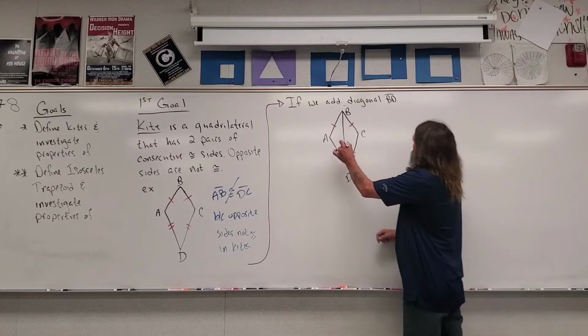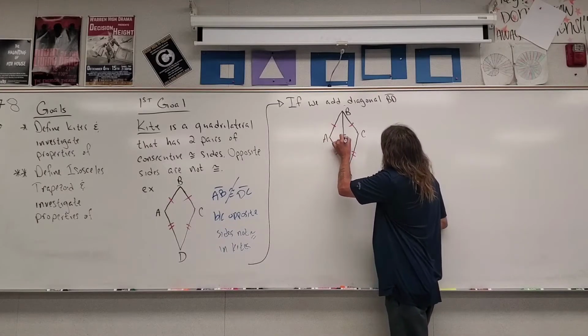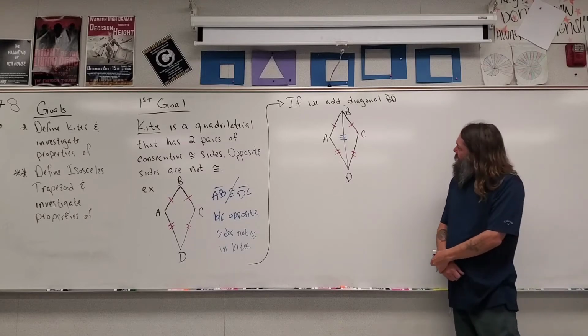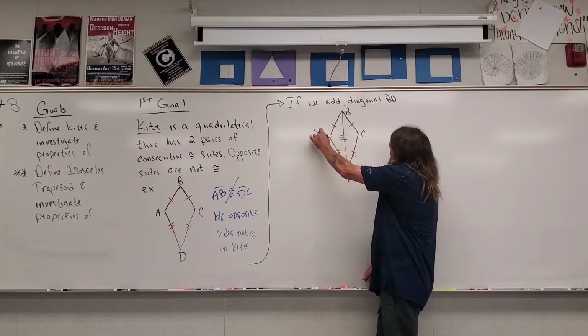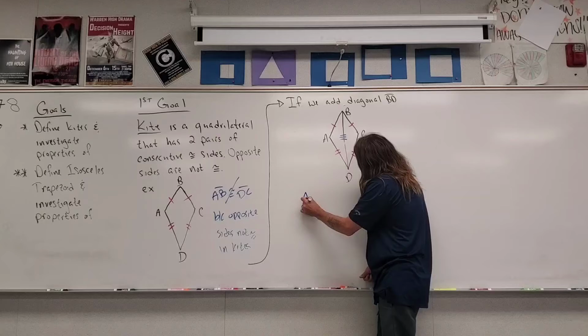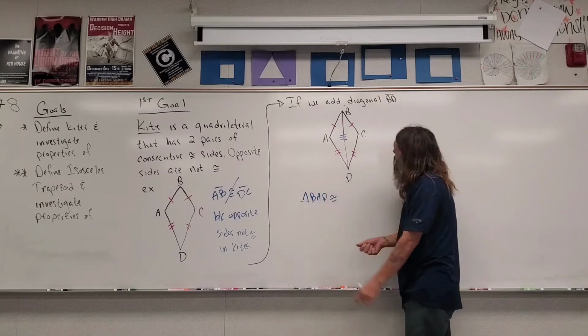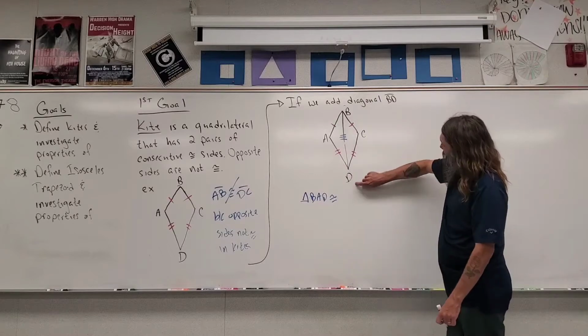Now, I do have 2 congruent triangles because of side, side, side. So I can say that triangle BAD is going to be congruent to triangle BCD.